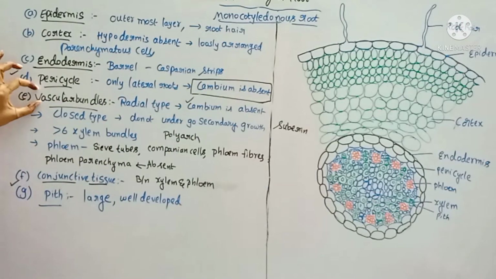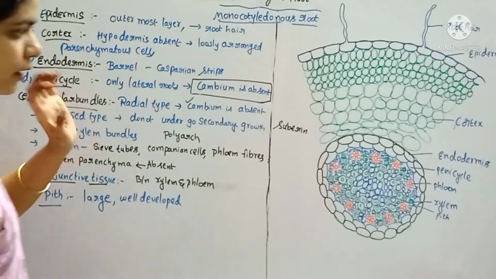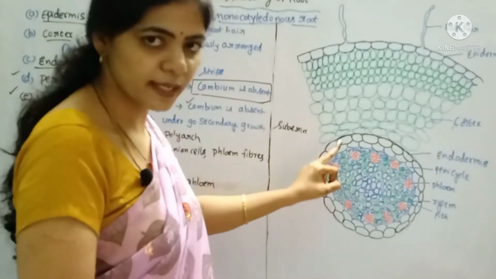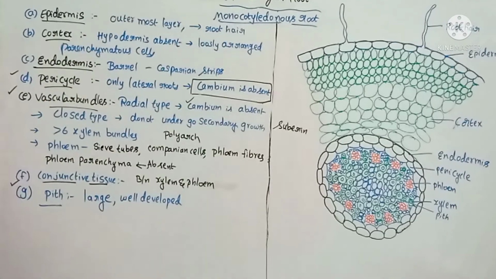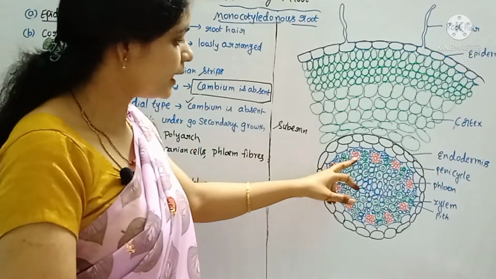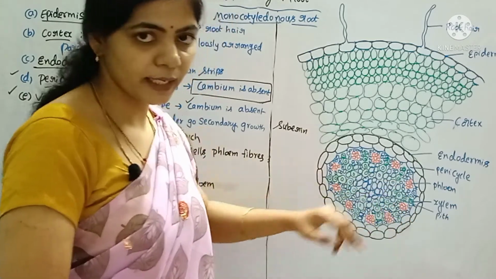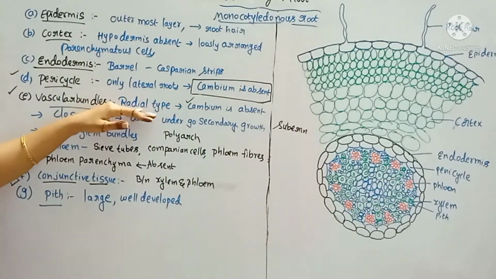The next one is the vascular bundle. What does the vascular bundle consist of? Xylem, phloem, xylem, phloem, xylem, phloem, like this. The vascular bundles are arranged alternate with each other on different radii. Hence, they exhibit a radial type of vascular bundles.